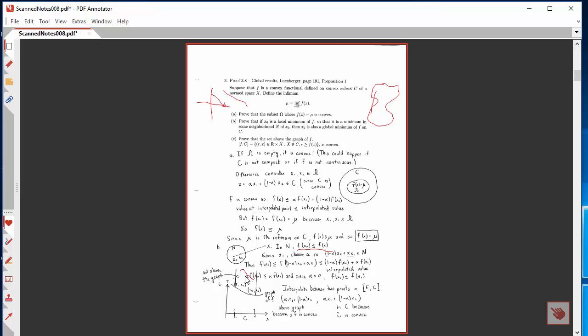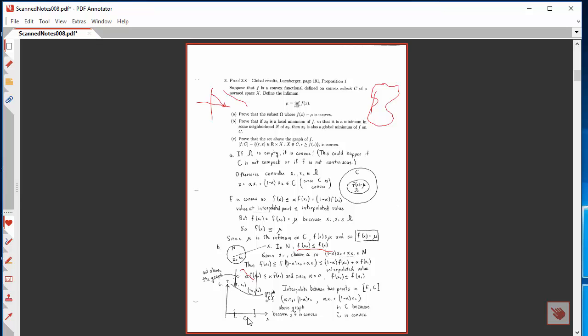When I interpolate, not a very good straight line, I apologize. When I interpolate, the interpolation of this value and that value is going to be above the graph because f is a convex functional. The interpolation of the 2 points in the domain, x1 and x2, is going to be in the set C because C is convex.